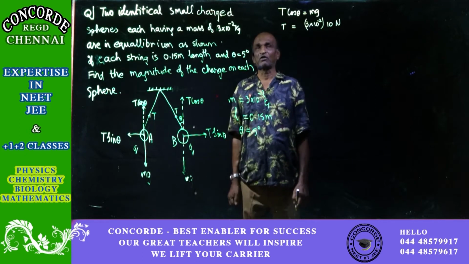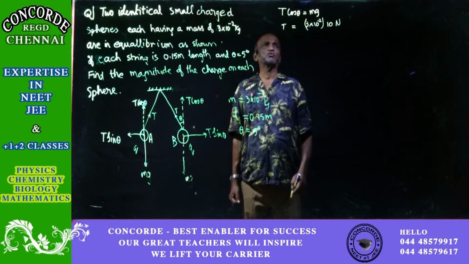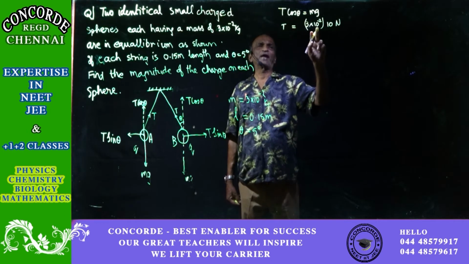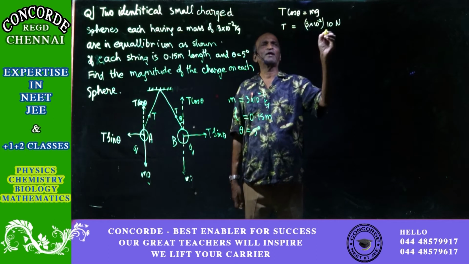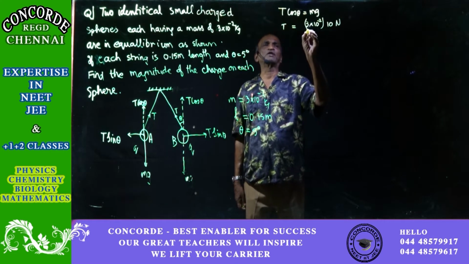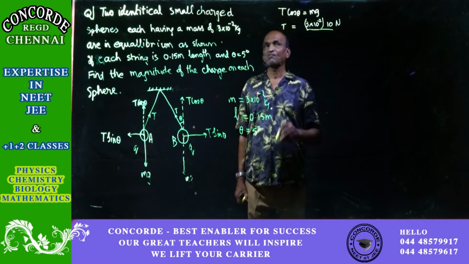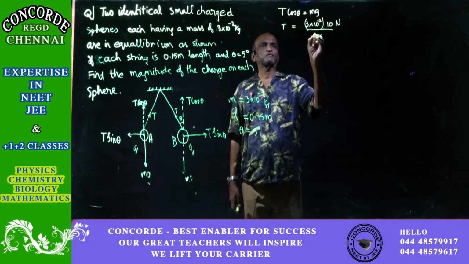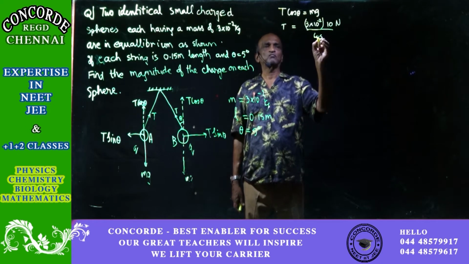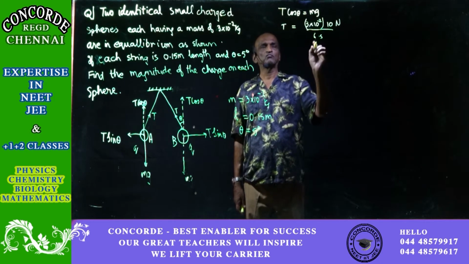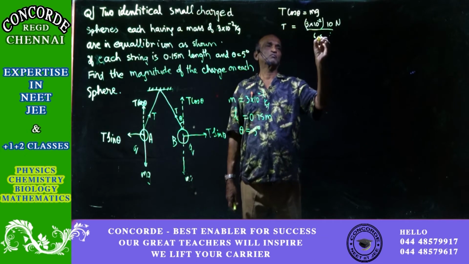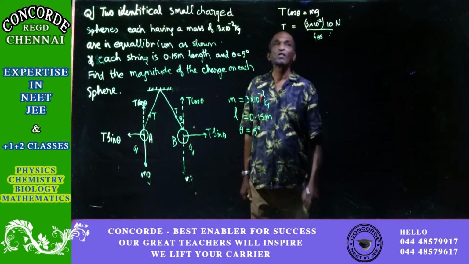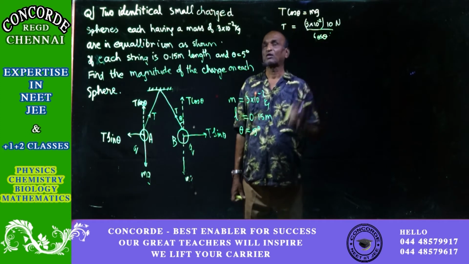Having found the value of T, T is equal to m into g divided by cos theta.